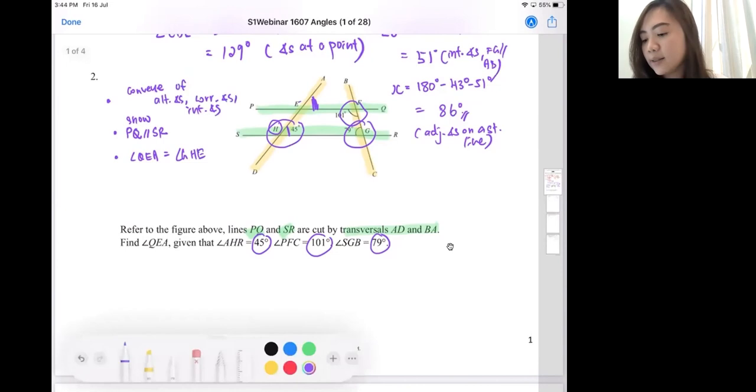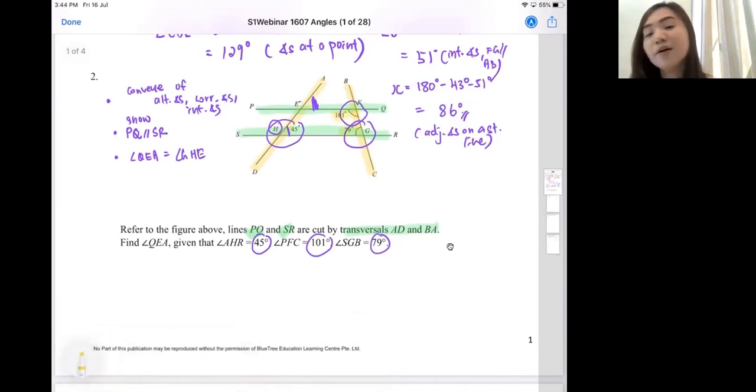We look at the two other numbers given, 101 and 79. They have a very special relationship: they add up to 180 degrees. This is called interior angles.